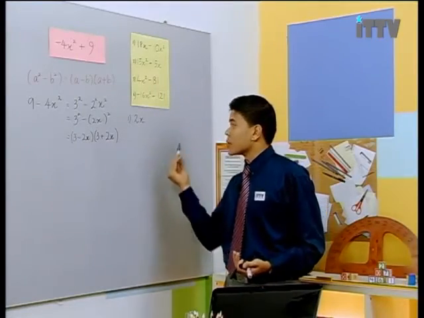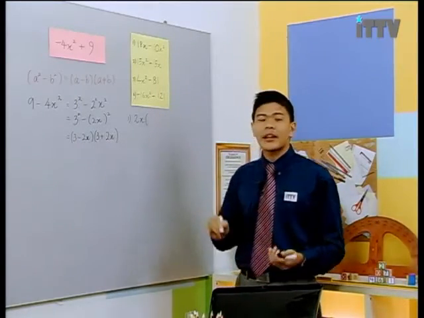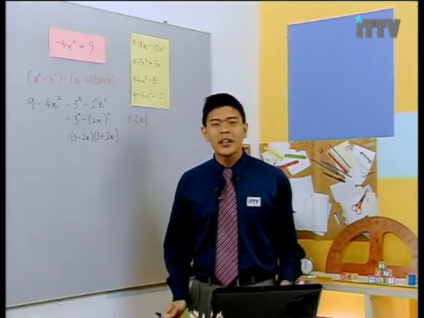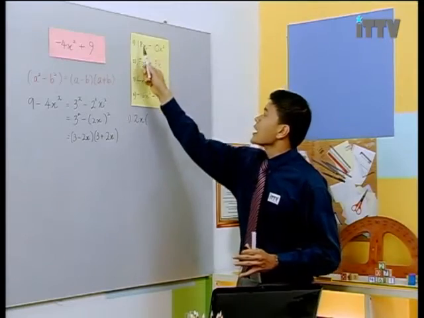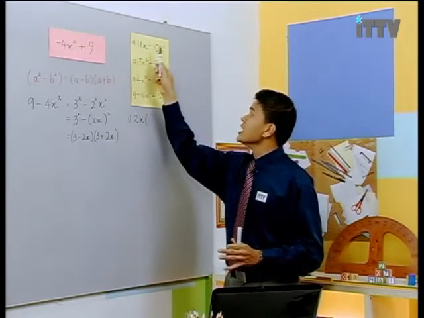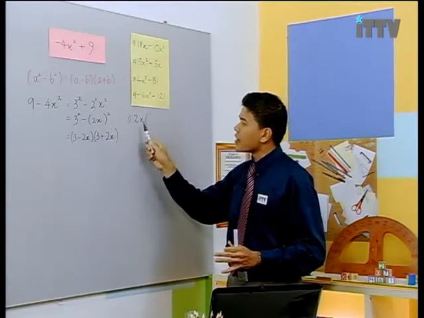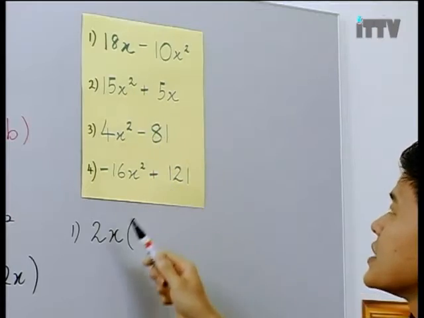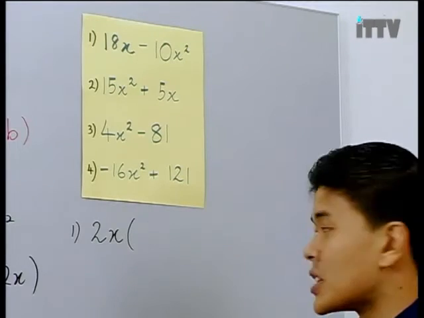The second step, place it outside the bracket, and third step, determine the expression that remains in the bracket. How do you obtain it? You get it by taking the expression and dividing each term, there are 2 terms, by the highest common factor. 18x divided by 2x, you will get positive 9.